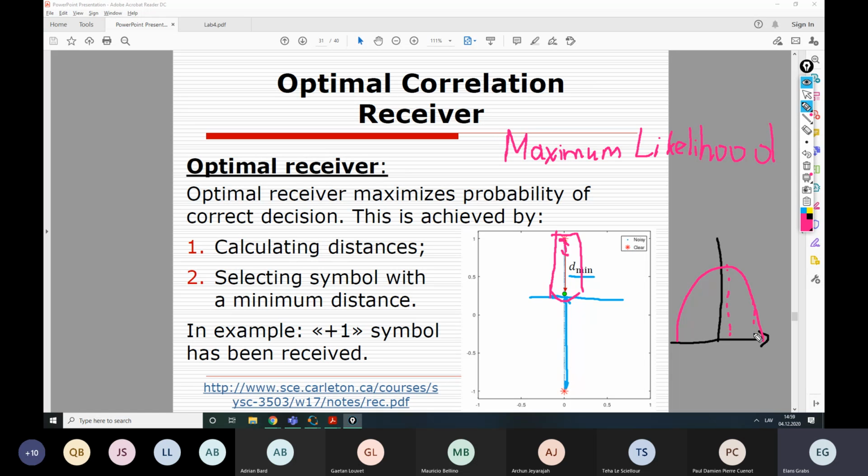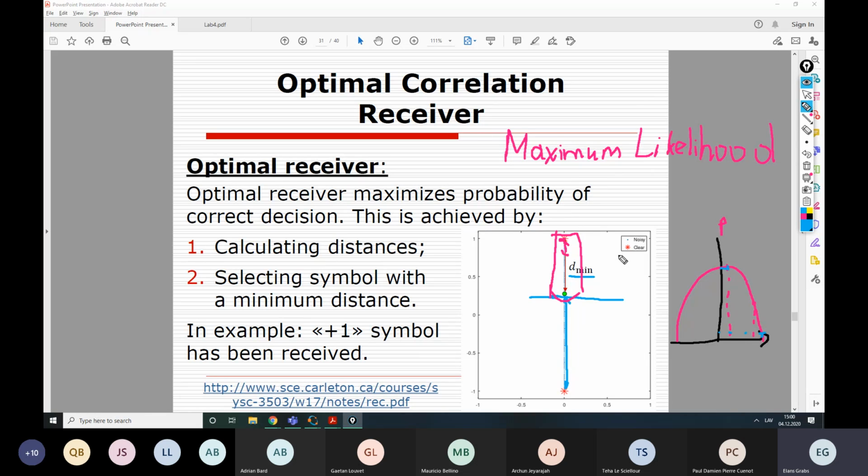And for higher noise standard deviation, for example, this distance could be longer. But this is the probability of event, right? And of course, there is a probability of a very strong deviance from the central value. But look at how small that probability is compared, for example, to this probability.